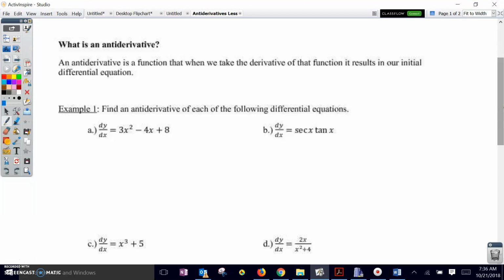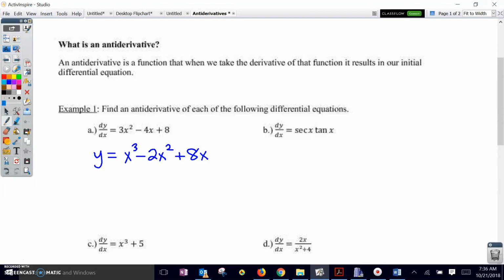Alright, so the antiderivative of dy dx is just going to be y. And then I have to think to myself, what do I take the derivative of that gives me 3x squared? That's x to the third. And what do I take the derivative of that gives me minus 4x? That's minus 2x squared. And what do I take the derivative of that gives me 8? That's plus 8x.